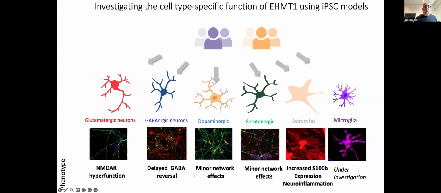Below here is an overview of the phenotypes we have seen, some molecular mechanisms. Very recently we discovered that non-neuronal cells like astrocytes play a very important role. But for the excitation-inhibition balance, it's essential to look at the glutamatergic and the GABAergic cells, because they are literally the cells that determine this balance.